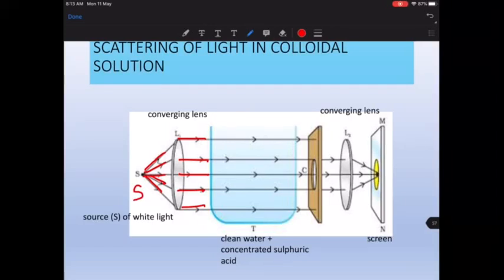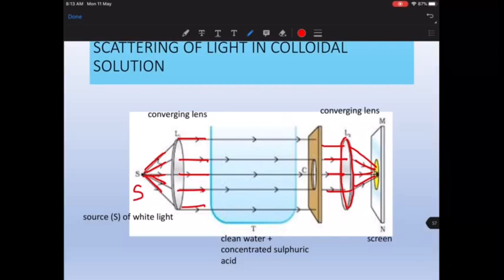Now look at the other lens, the second lens here that we have placed. Whenever the light is coming parallel and is incident on the lens, because it is a converging lens, it is going to converge all the light rays onto a particular point which is known as the focus, correct?